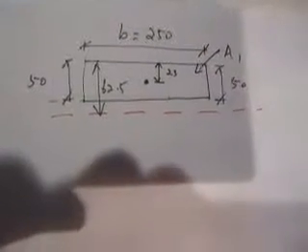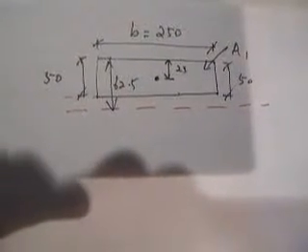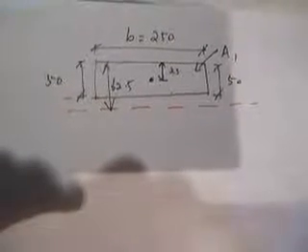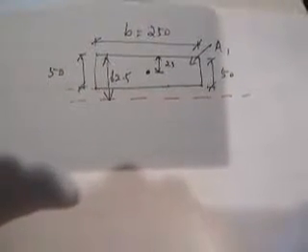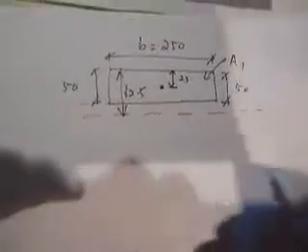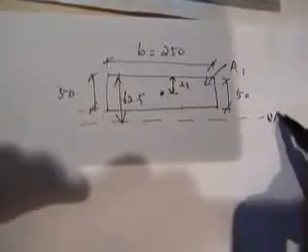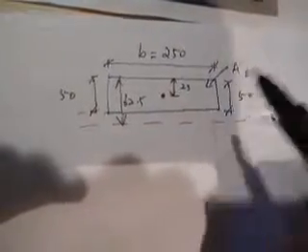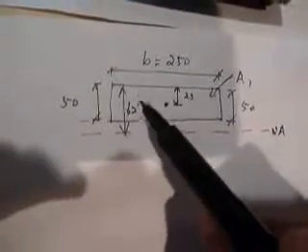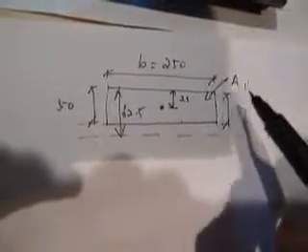Okay, now from the previous problem, we want to calculate the moment of inertia of this unequal T section, and of course we have calculated that the neutral axis is at a distance of 62.5 from the top of the rectangle 1.